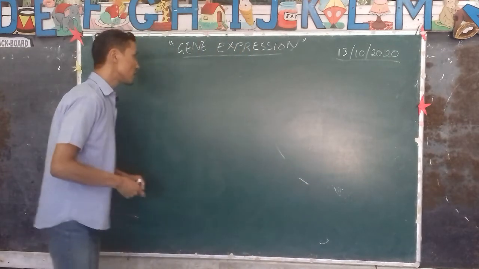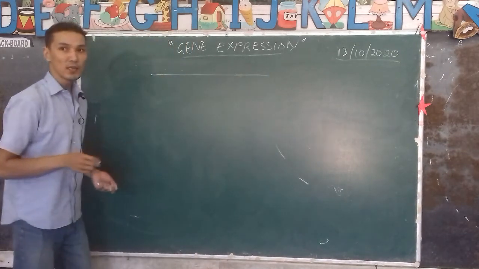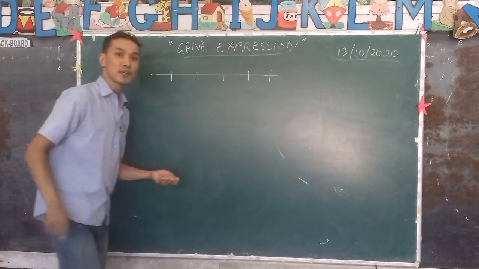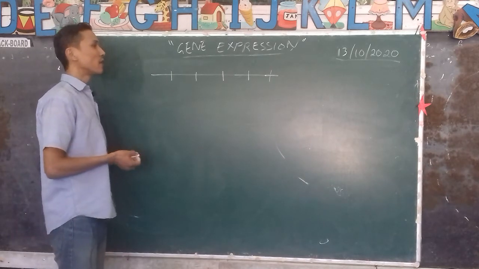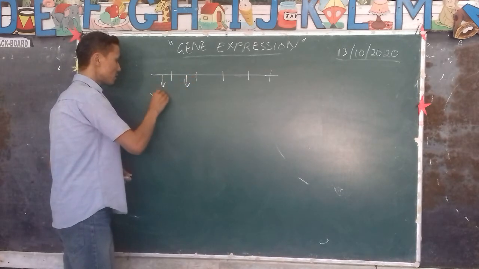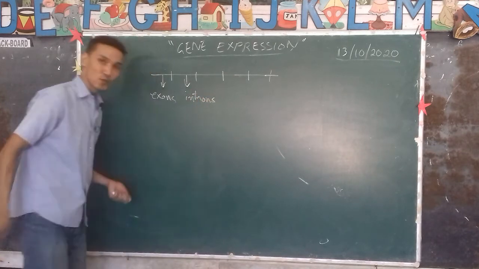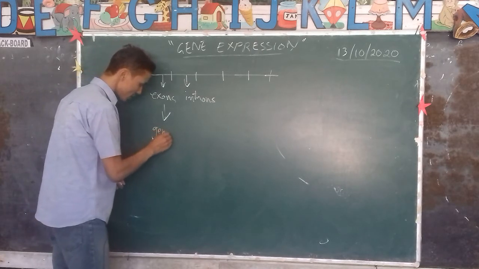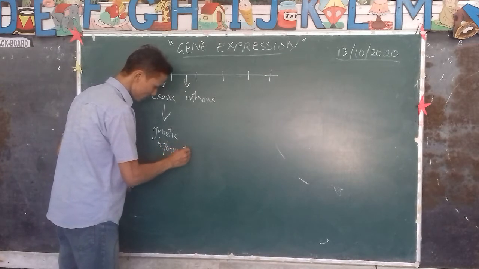In addition to this, you all know that DNA is a long segment. So if this is your DNA, not all parts carry genetic information. Only certain parts carry information. So if you divide the DNA, you will find that it consists of exons and introns. Exons are the ones which contain genetic information.